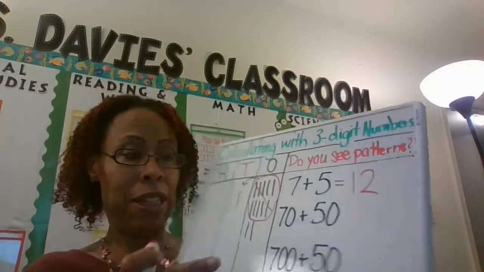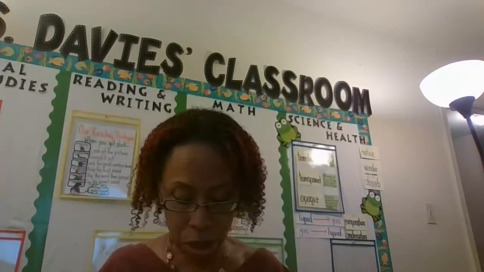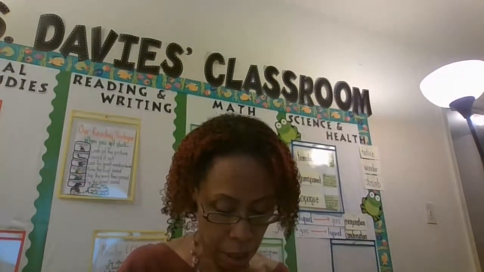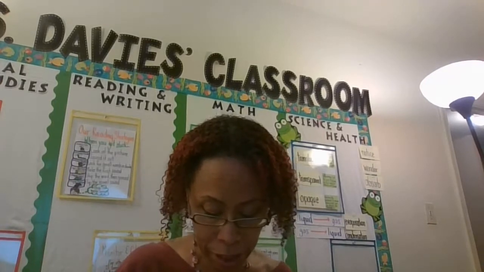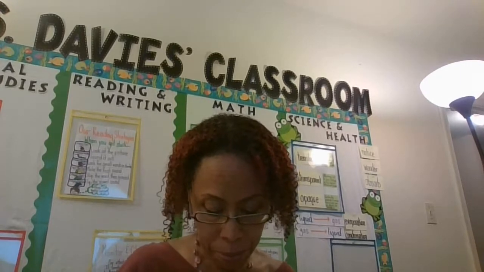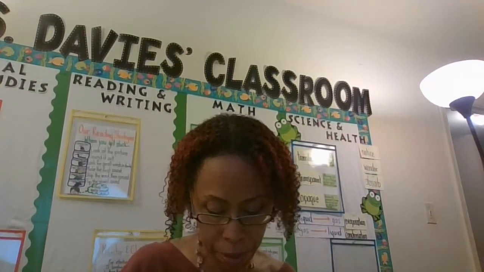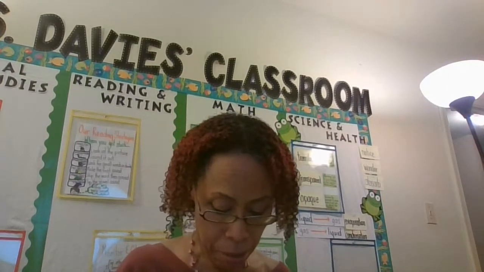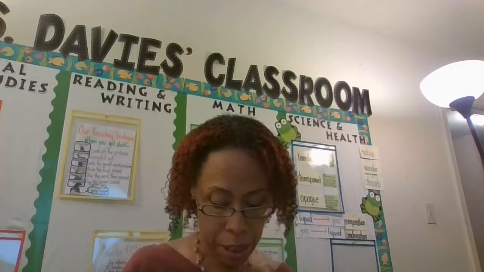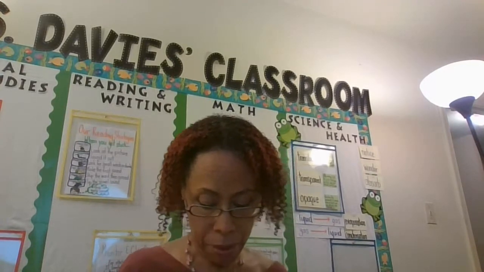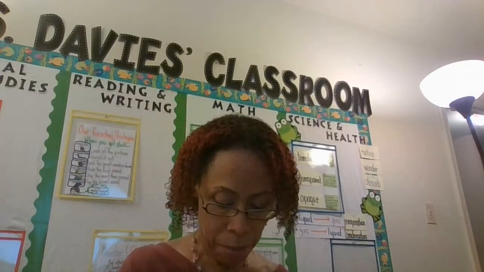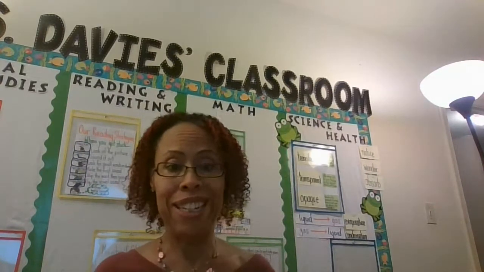All right, so let's look at the next equation. Okay. So now we're looking at 70 plus 50. And this is a little bit messy, but that's okay. We're going to make it so that we can still visualize everything. Okay. So remember, we have the same digits, 7 and 5, but they're in different locations.